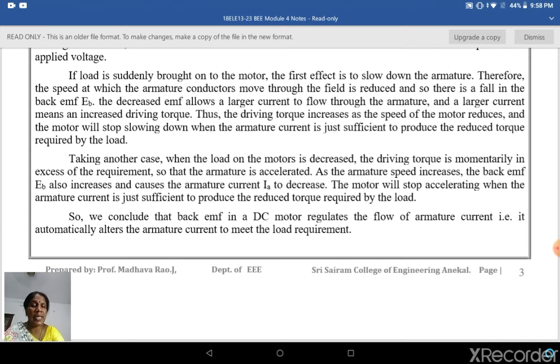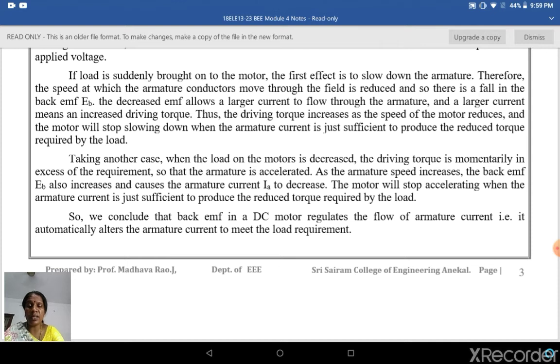As the armature speed increases, the back EMF also increases and causes the armature current to decrease. The motor will stop accelerating when the armature current is just sufficient to produce the reduced torque required by the load. So we conclude that the back EMF in a DC motor regulates the flow of armature current.